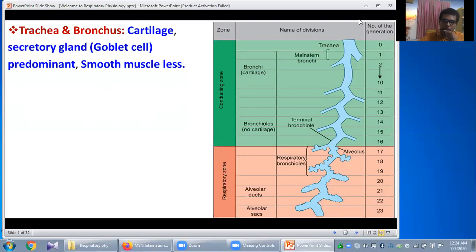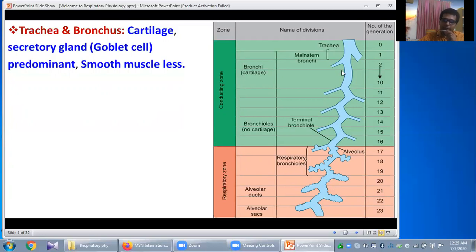The conducting zone extends from the nose to the terminal bronchiole, and then from the respiratory bronchiole to the level of the alveoli. This part is called the respiratory zone or functional unit of the lung, or simply the respiratory unit, where the gaseous exchange takes place.